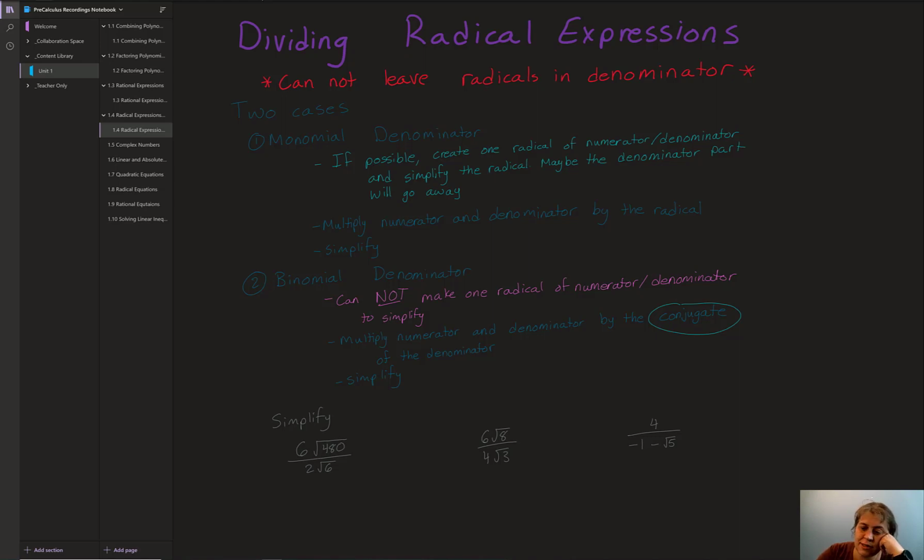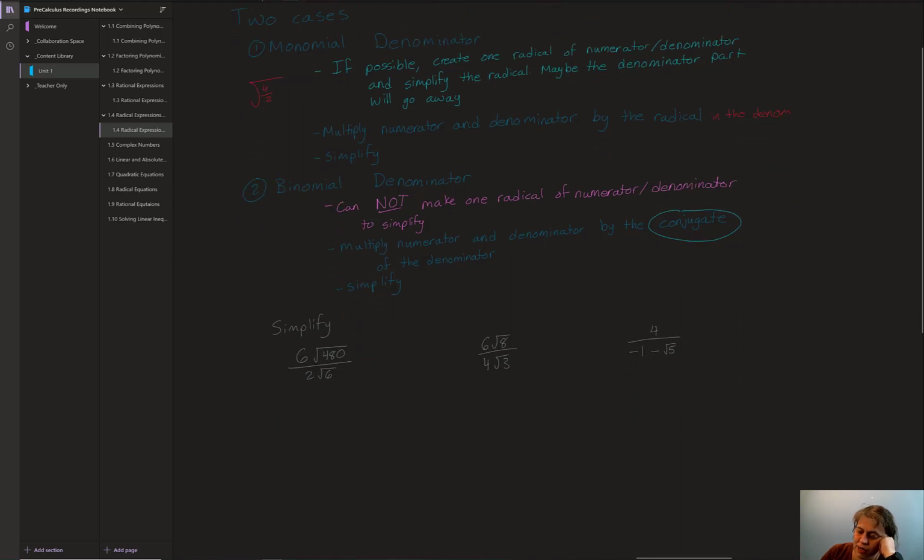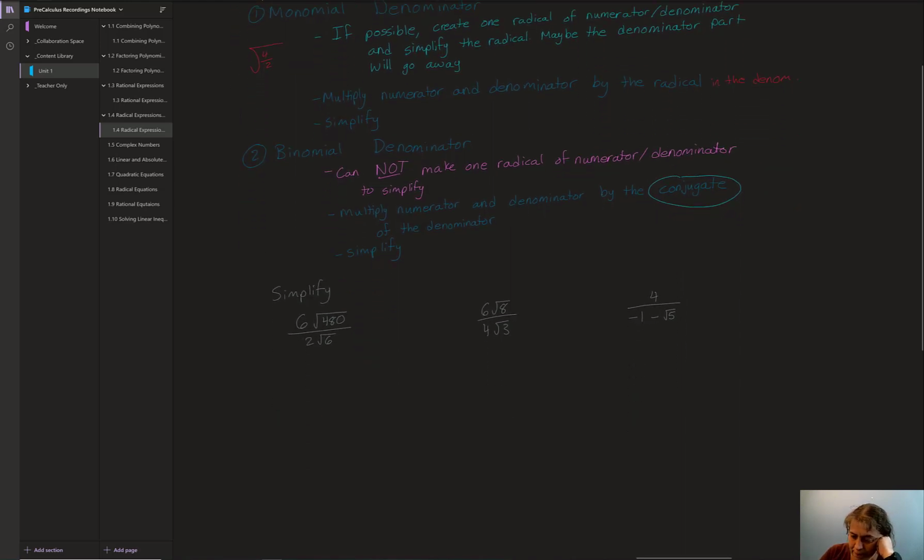What that means is doing a square root of like 4 over 2, something like that, and then you can simplify things down and the denominator will just go away. If not, you'll have to multiply the numerator and the denominator by the radical that's in the denominator, and then simplify. If you have a binomial denominator, we'll talk about that one in the other example. But for starters, let's talk about the monomial ones.